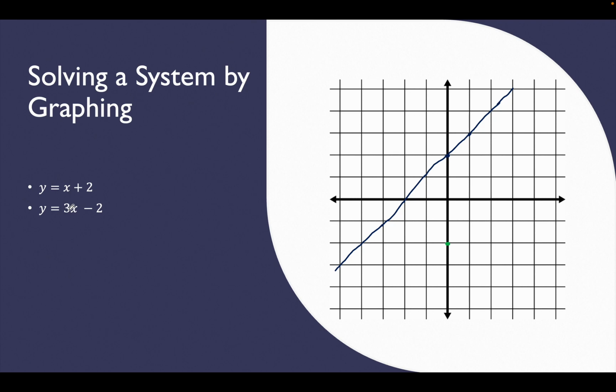And it looks like it's 3 over 1, so I'm going to go up 3, 1, 2, 3, and 1. So that means that I should have another point over here because 1 and then down 3. We'll put it there. I want this to be accurate, otherwise it will not line up. Looks like I got one right there.